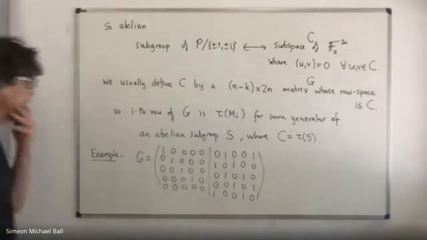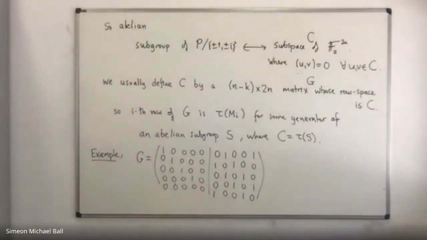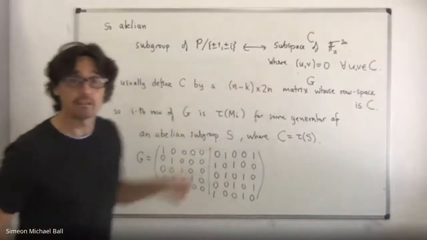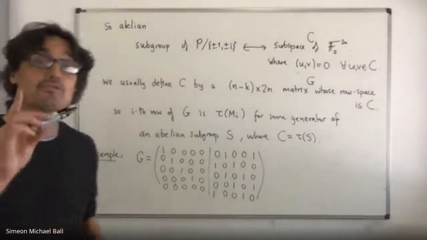Let's say we took this G. Now let me write down the N's first, and then I'll convince you that this has this property in a more general way.